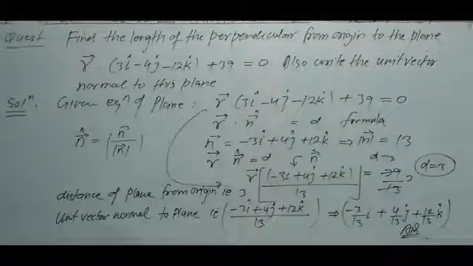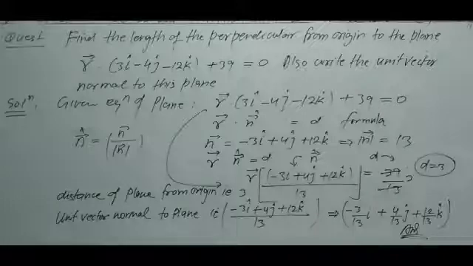So see, this topic is totally completed. R dot n is equal to d format, equation of plane whose perpendicular distance from the origin, is totally completed. And I have given so many questions in class. This you will do in your homework.